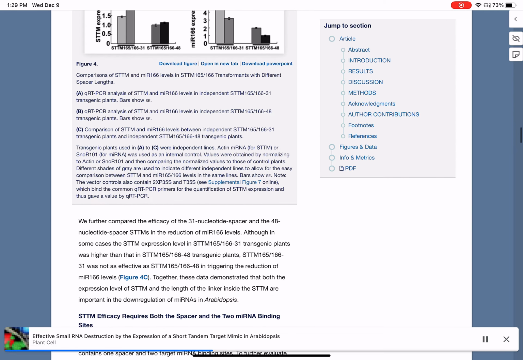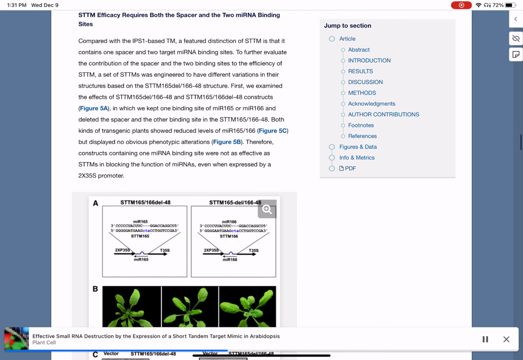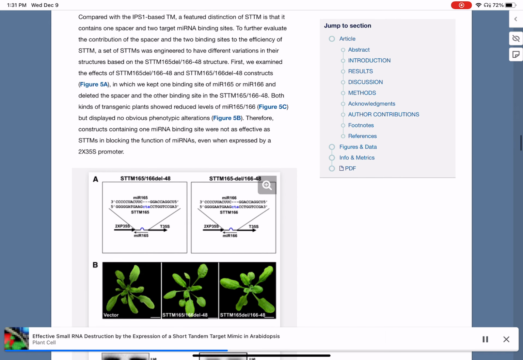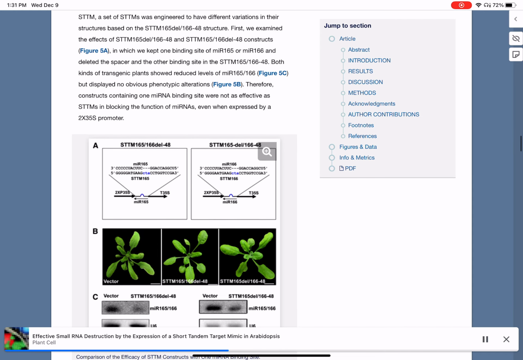a set of STTMs was engineered to have different variations in their structures based on the STTM 165del, 166-48 structure. First, we examined the effects of STTM 165del, 166-48 and STTM 165-166del 48 constructs, Figure 5a, in which we kept one binding site of Mir-165 or Mir-166 and deleted the spacer in the other binding site in the STTM 165-166-48.